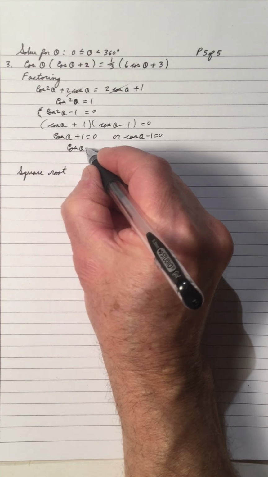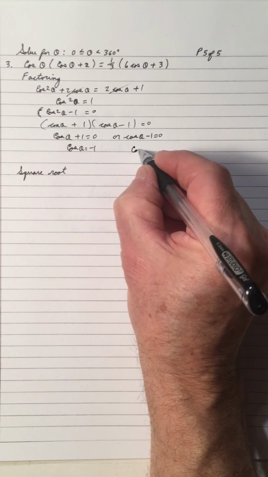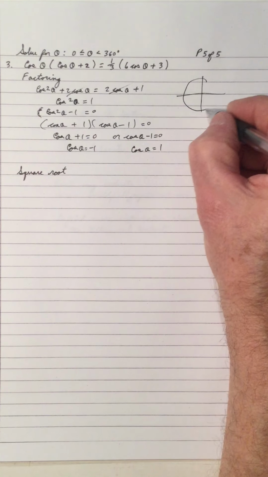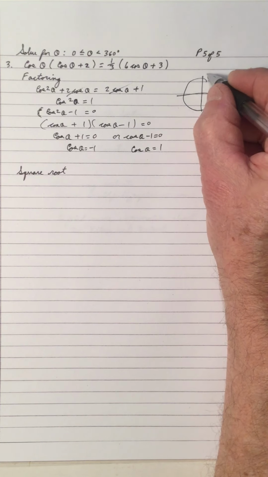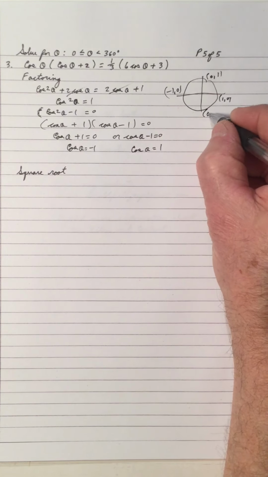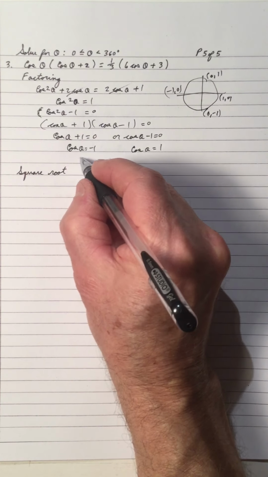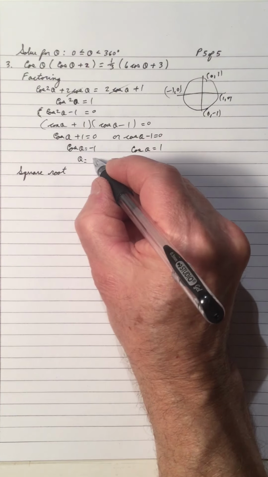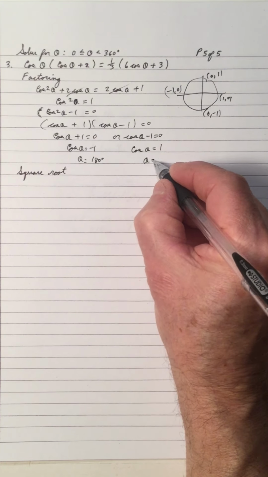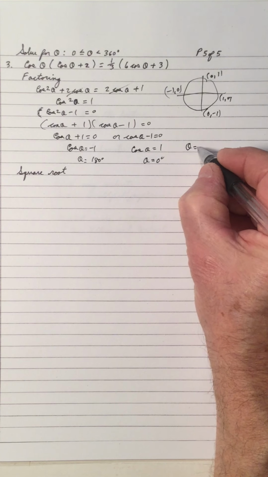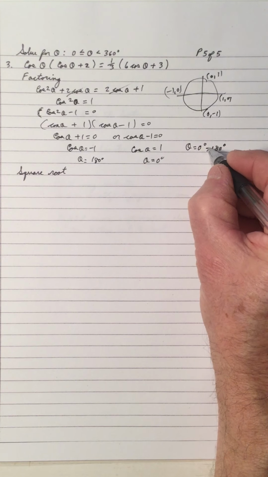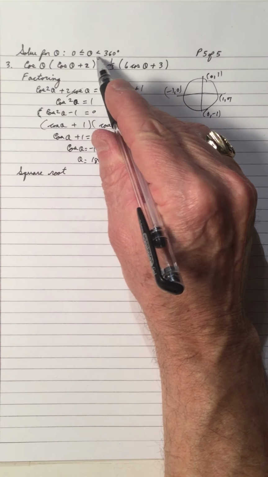Cos theta is equal to negative 1, or cos theta equals 1. On the unit circle we have 1, 0, 0, 1, negative 1, 0, 0, negative 1. Cos is the x, so where is x equal to negative 1? It's at 180. And where is x equal to 1? It's at 0. So the answer is 0 degrees and 180 degrees. And you can't use 360 because it didn't say equal to.